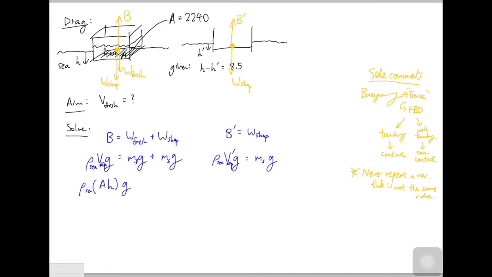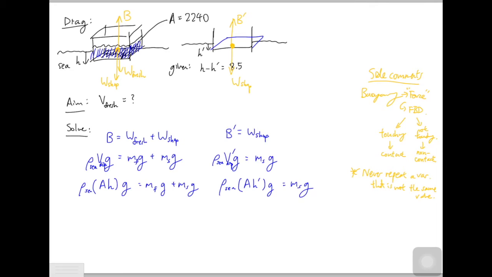So that gives me the volume of freshwater over here. That's the base area times the height, and that's the volume displaced, so I'm going to copy the rest, plus msg, and over here I have rho C, but this time the volume displaced is the base area times this new height, g equals msg.